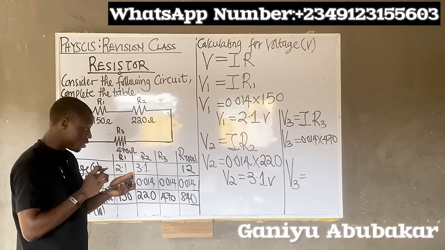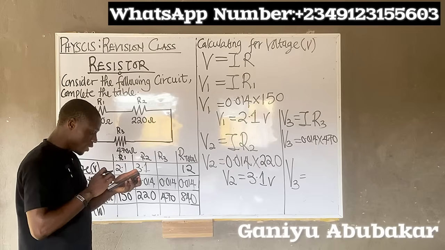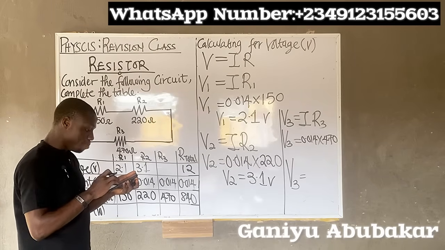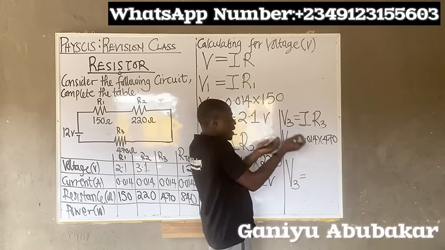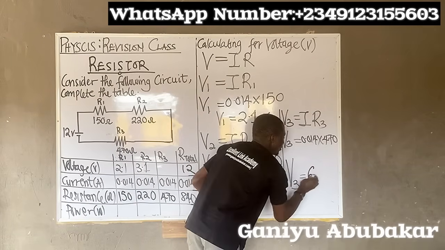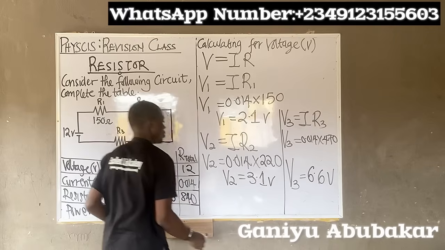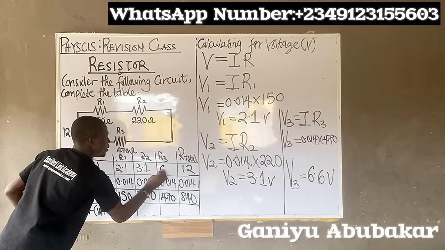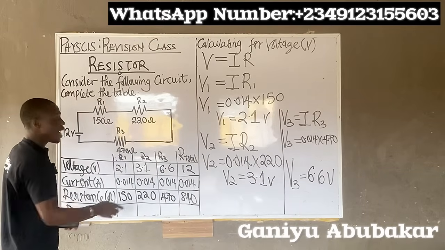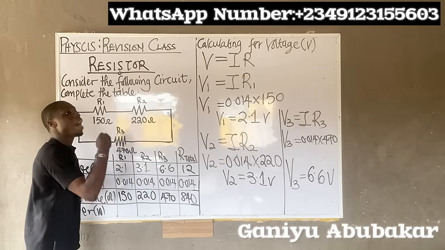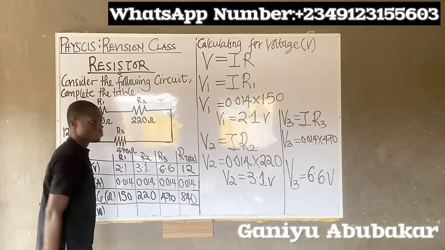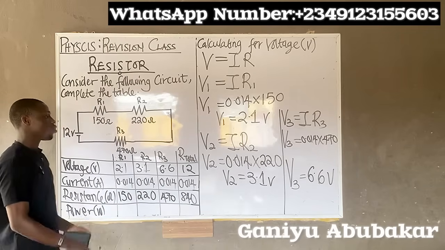If I multiply 0.014 by 470, I have 6.58, approximately 6.6 volts. So my V3 is 6.6 volts. If I add everything together, I'll have either 12 or approximately 12. So this is how this works.